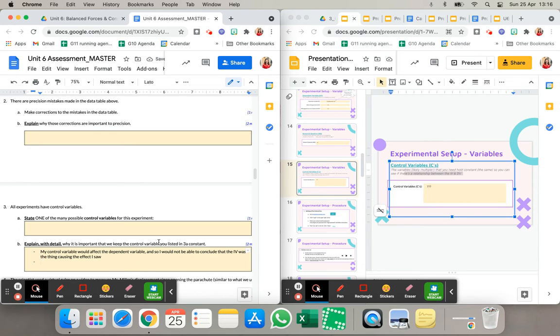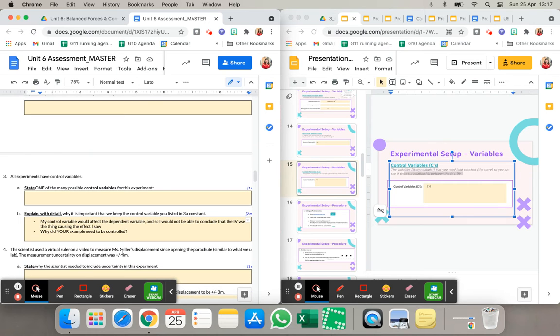And then the second mark here was explaining your particular example. Why did your example need to be controlled? So for example, if you chose weight, why is it so important to keep weight consistent? What would weight affect that would then affect the experiment?